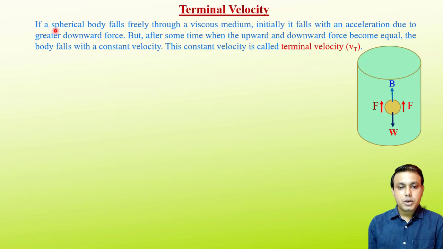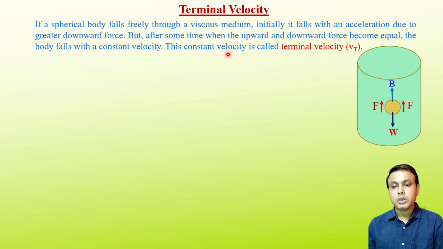Therefore, if a spherical body falls freely through a viscous medium, initially it falls with an acceleration due to greater downward force. But after some time, when the upward and the downward force become equal, the body falls with a constant velocity.